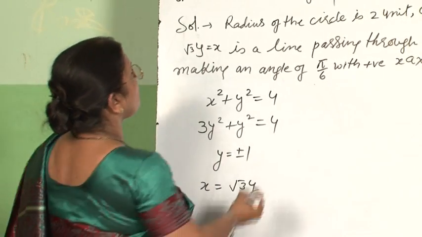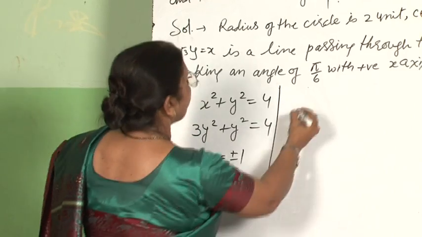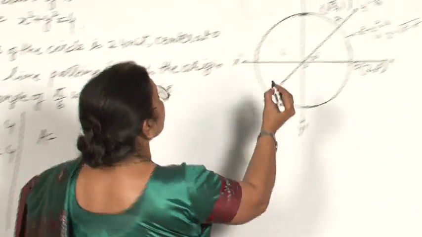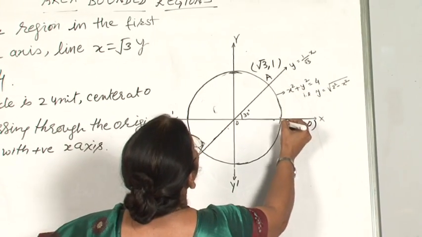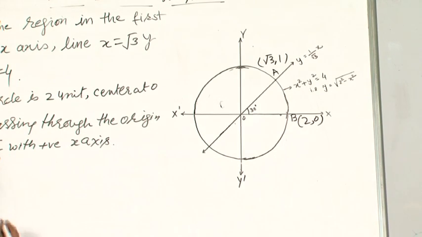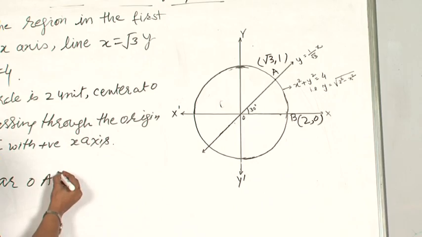Now, we have to find the area of this enclosed figure. So, here area is area of OABO. So, this area is area of OABO.